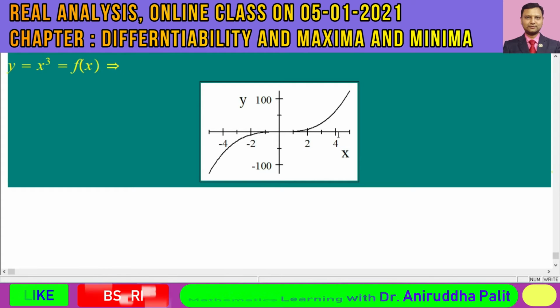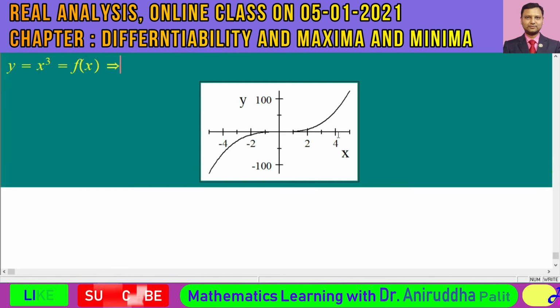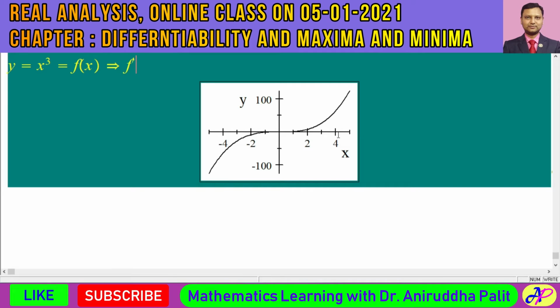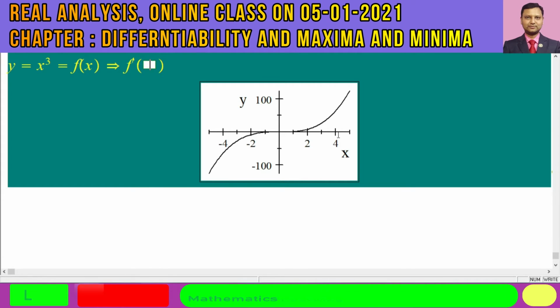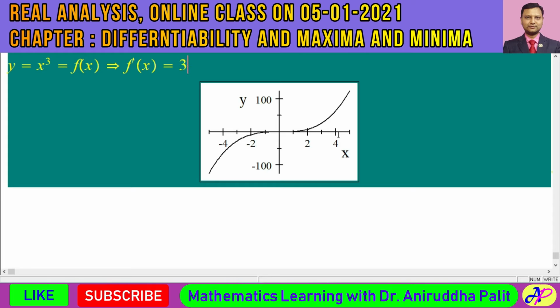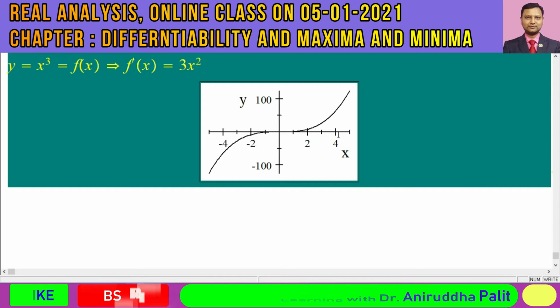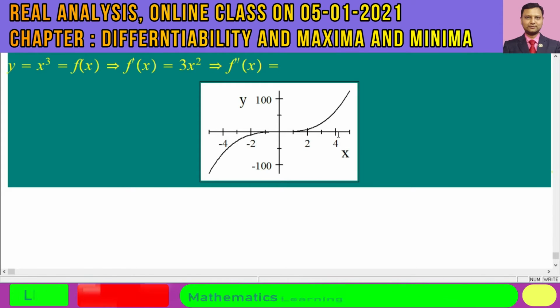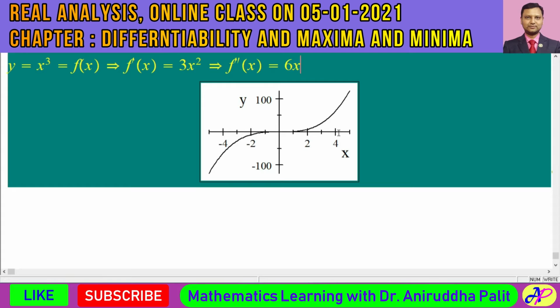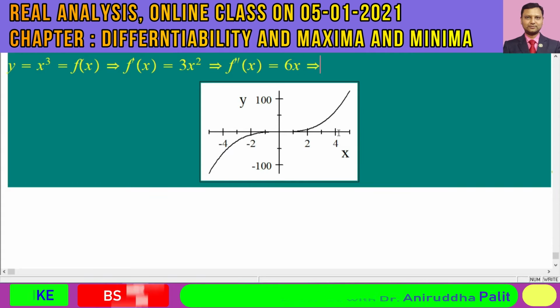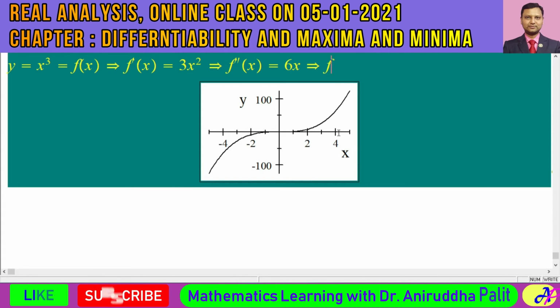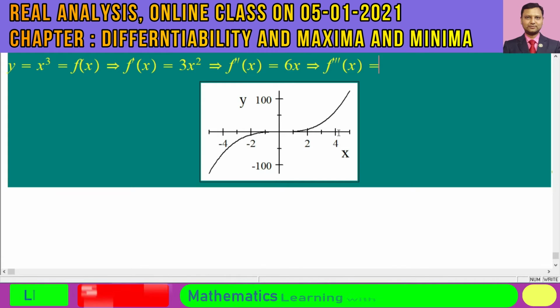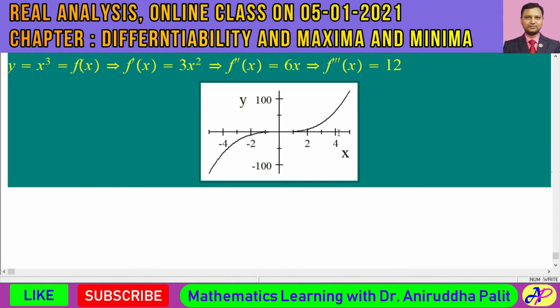In this kind of case, if you consider the first derivative, f dash x is equal to 3x square, then f double dash x is equal to 6x, and f triple dash x is equal to 12.